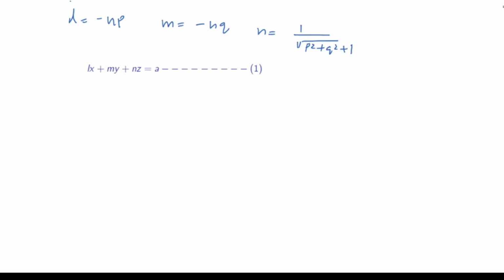Now we substitute all this in equation number 1, which is Lx + My + nz = a. We'll do this in two steps. First, we substitute the L and M values and convert the equation in terms of n. So instead of L we substitute -np, giving -npx - nqy + nz = a. But we have n = 1/√(p² + q² + 1).